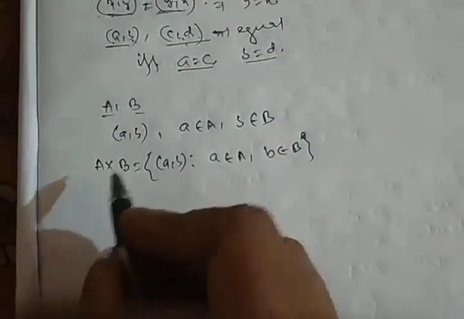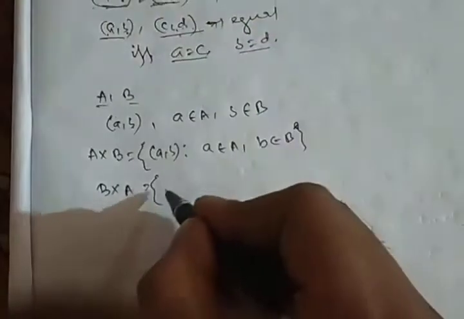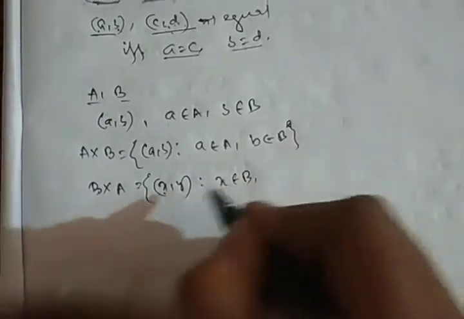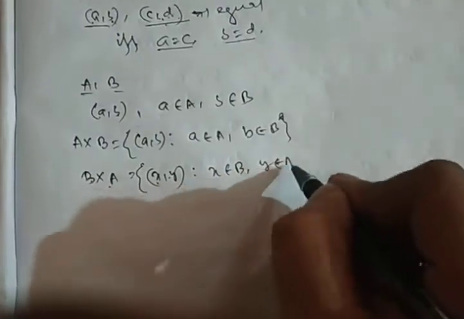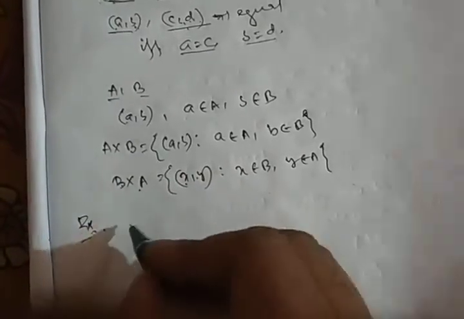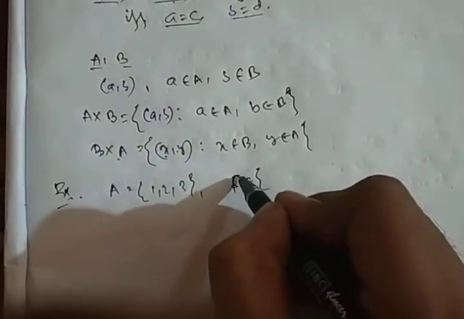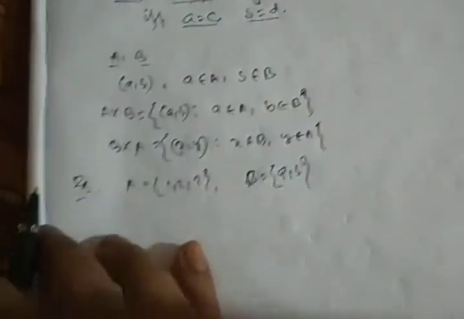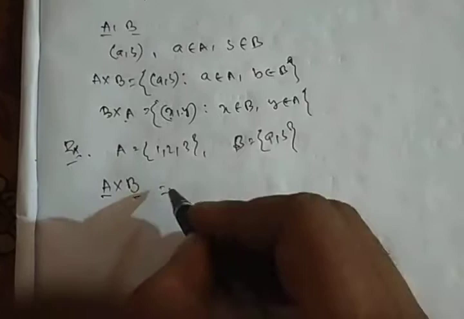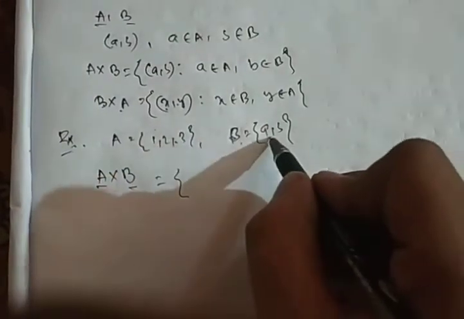By this definition, if we write B cross A in the form of ordered pair (x, y), then x will come from the first set B and y will come from the second set A. As an example, if you take two sets, A given as 1, 2, 3, and set B given as a and b, then the Cartesian product A cross B has first set A and second set B. So all the ordered pairs are formed by the elements 1, 2, 3 and the elements a and b.